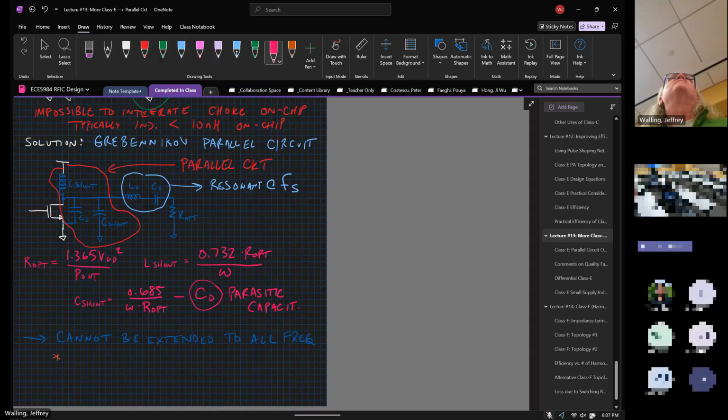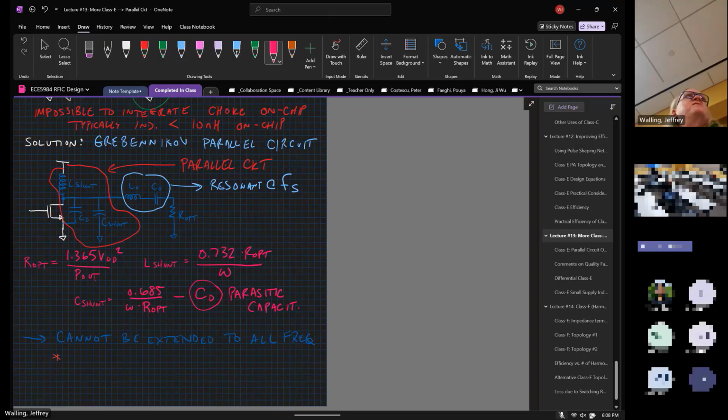I didn't catch that. Low inductor value. Small inductors, is that what you're trying to say? He said low inductance. Okay, yeah, that's generally true.